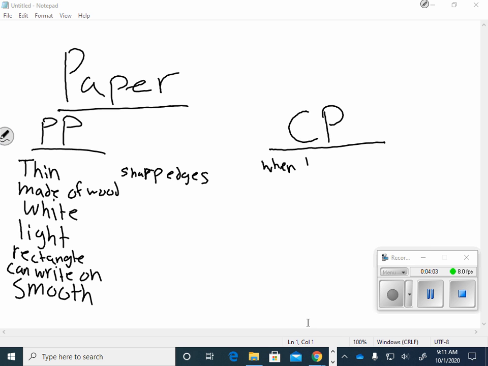When burned, changes to ash, water, and carbon dioxide. Now, you don't necessarily have to know those things, but you should know that it turns to a new substance. So you could say when burned changes to a new substance. I just happen to know what substances it changes into.